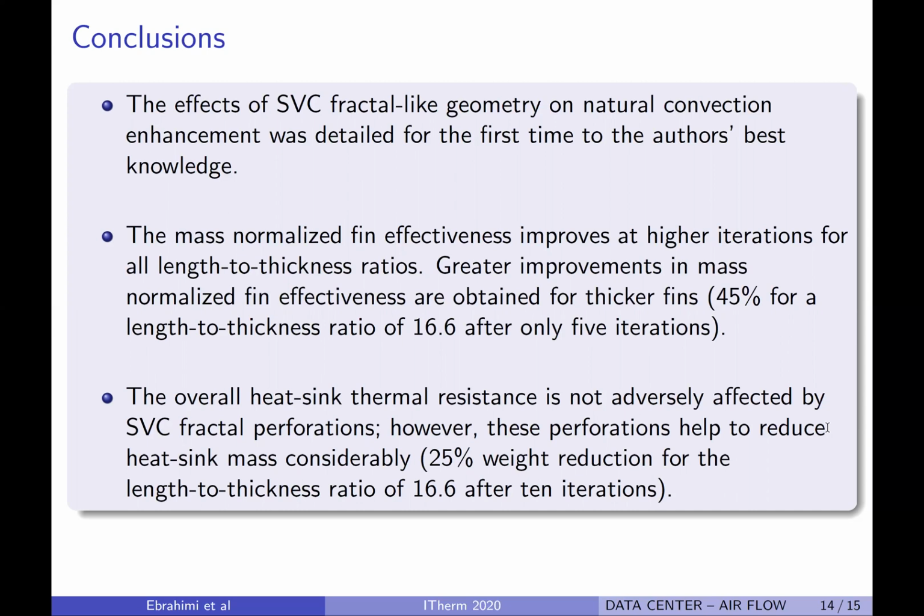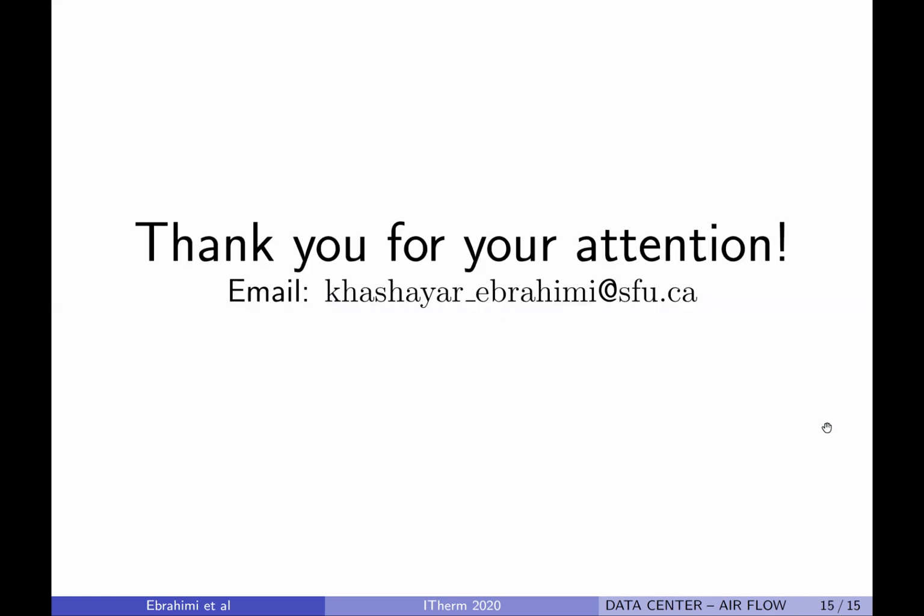The overall heat sink thermal resistance is not affected by SVC fractal perforations. However, the perforations actually help to reduce the heatsink mass considerably. So as you observed in the previous slide, the heatsink mass can be reduced by 25% for the thicker fin, the fin with 0.6 centimeter thickness.